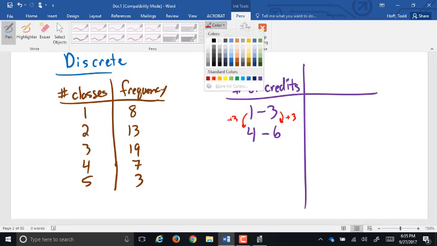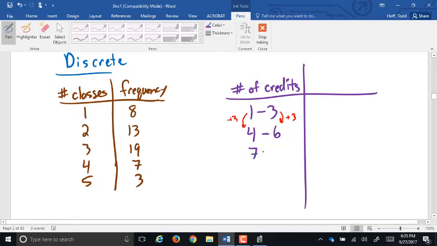So the next one would be 7 to 9, exactly. And then 10 to 12, 13 to 15, 16 to 18. Let's say 18 is as high as it went. Mainly because I'm at the bottom of my paper and I don't want to list anymore.